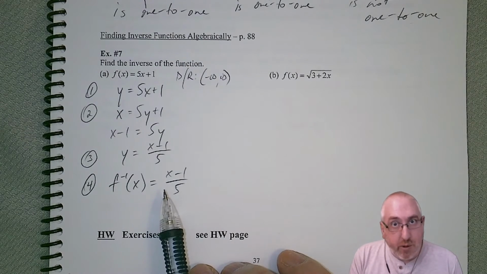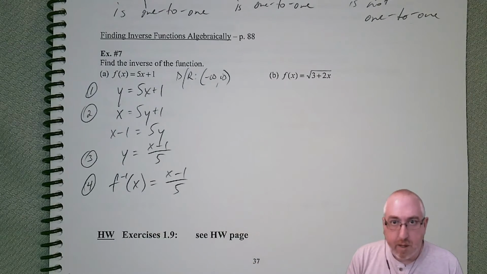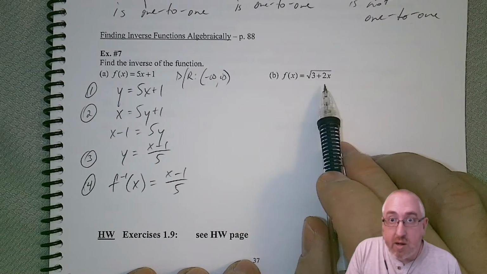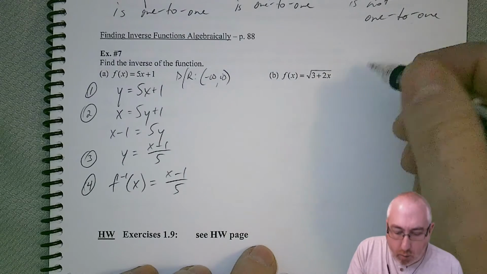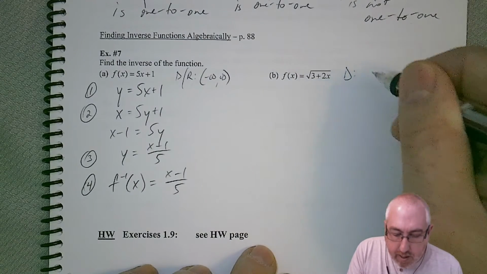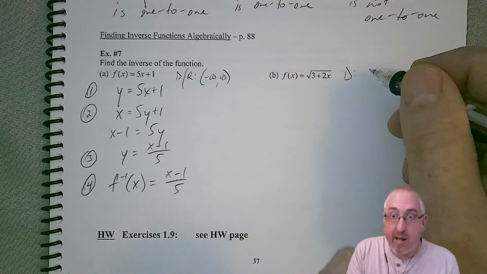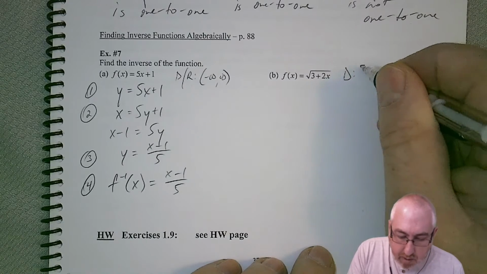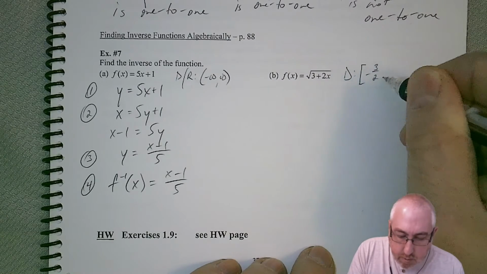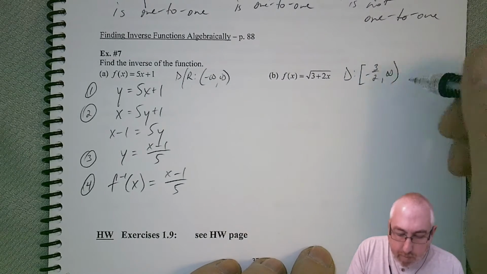Now, what happens when we do have to do that? Well, let's see. If we take a look at this one, which is the same as the one up above, we know that the domain is restricted because it can't be below -3/2. So our domain is going to be from -3/2 to infinity. And what about our range?